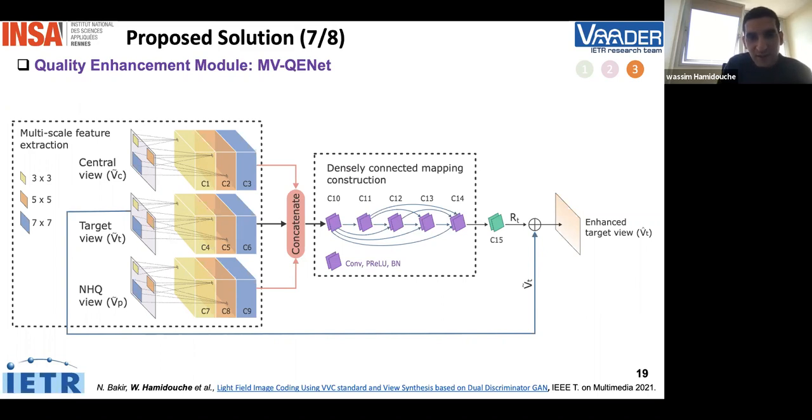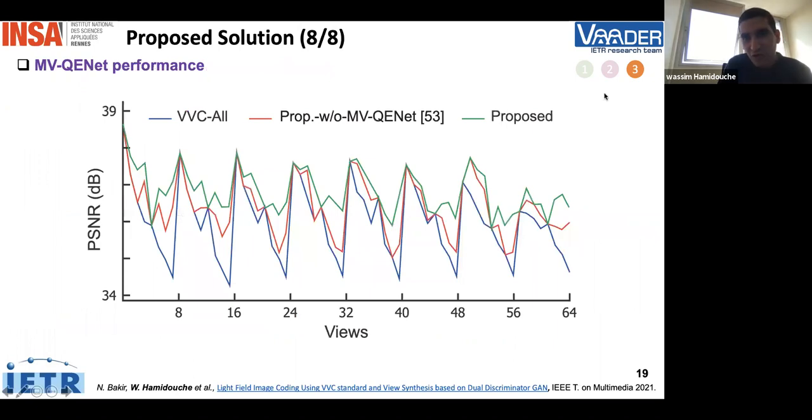And as we can see here in this figure, it is important to perform this quality enhancement stage. This figure gives the PSNR for the different views of the light field image. Here we have 64 views. As we can see here, the highest bound which are here are the reference views which are encoded with VVC.